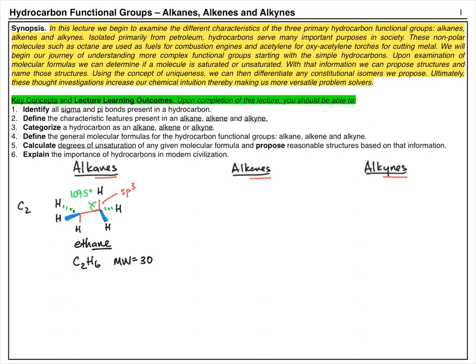I want to point out now for alkanes, what is the general molecular formula for an alkane? If we're given any alkane, it's going to have a general formula of CnH2n+2. I want to highlight that in yellow because we're going to use this formula quite a bit over the course of this semester.